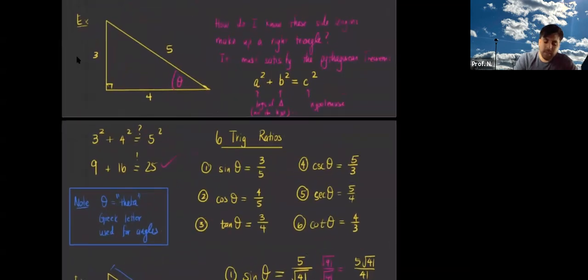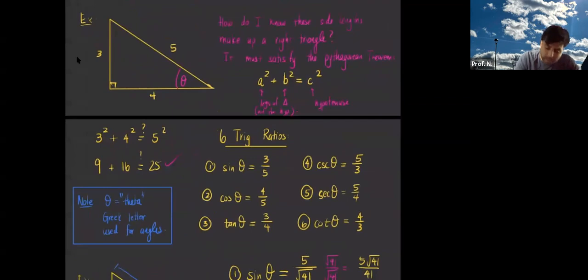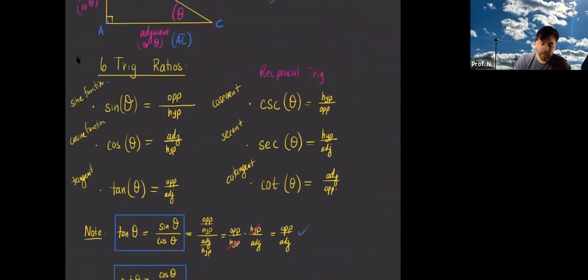Oh, and one thing I forgot to mention is a lot of people use this mnemonic device, this acronym, SOHCAHTOA, to make sure they can remember what sine, cosine, and tangent represent. So I should write this here actually.